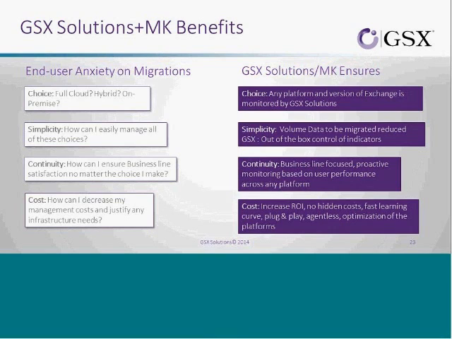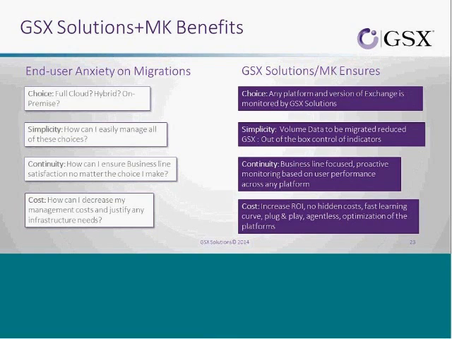So you need to make the choice, and GSX is going to perform tests, monitor, and also optimize your environment on any of these. This is quite interesting to highlight. Simplicity: how I can easily manage all of the choices. Again, you can make some tests.